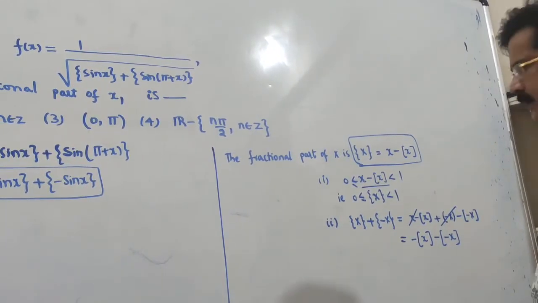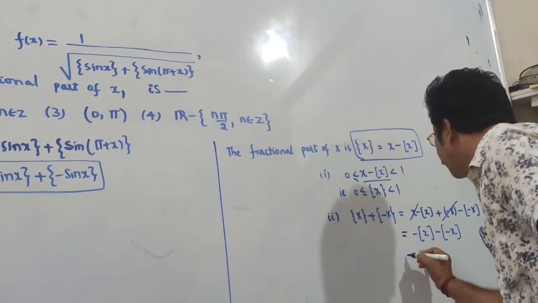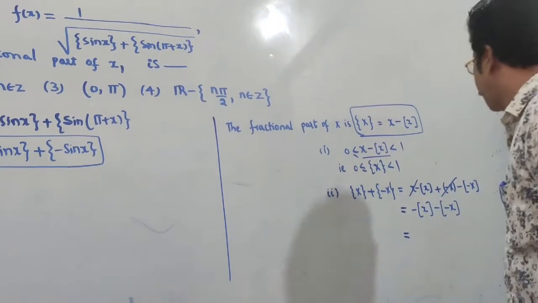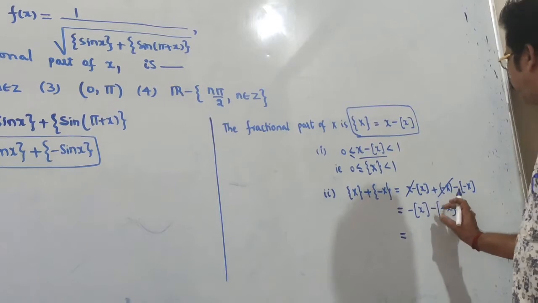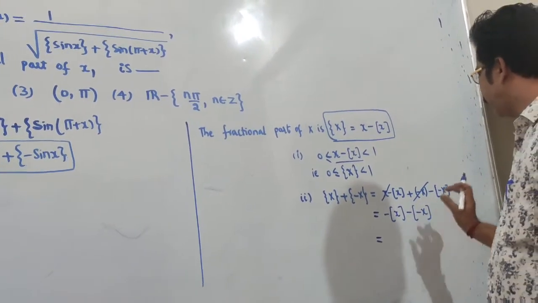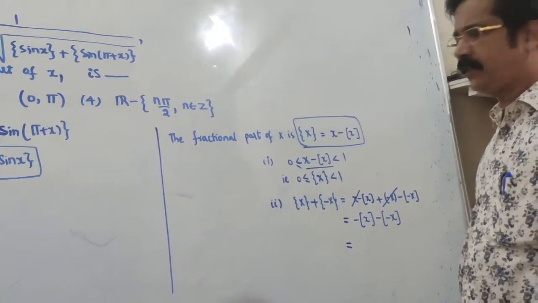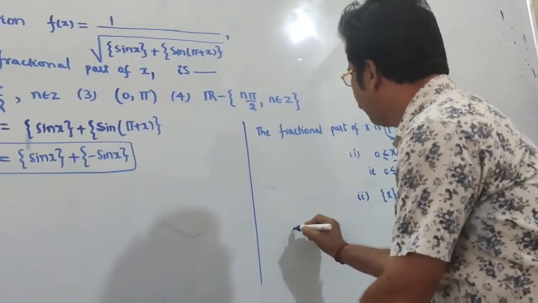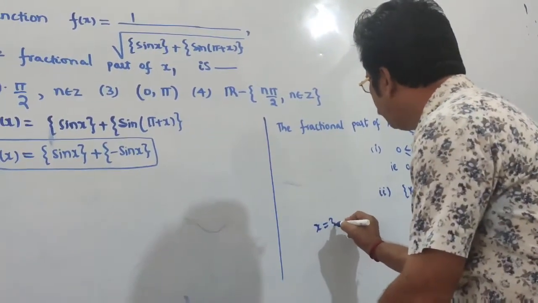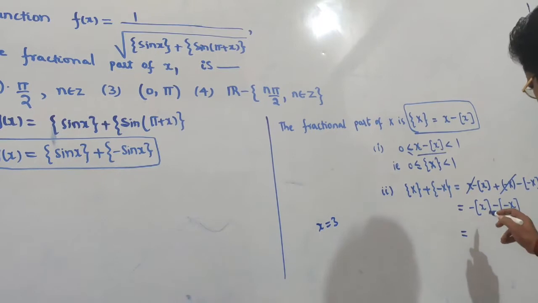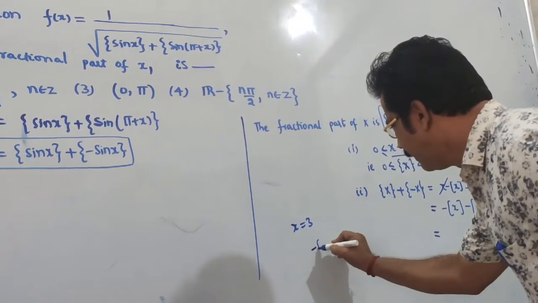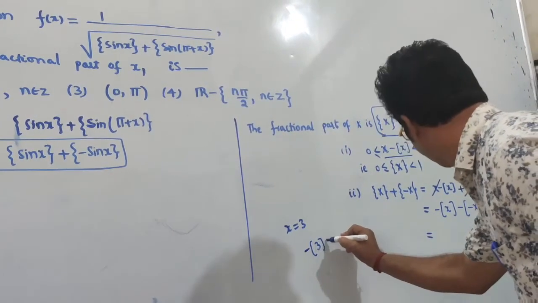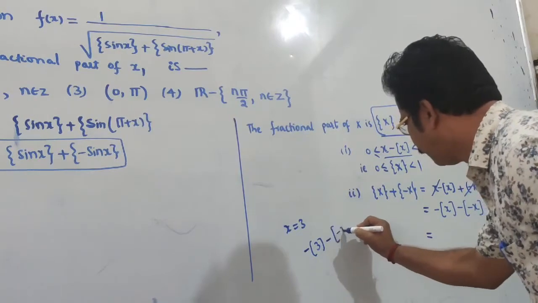Now we discuss the value of this expression, minus floor of x minus floor of minus x. For example, take x as an integer. For example, we will take x equal to 3. Then it will become minus floor of 3 minus floor of minus 3.